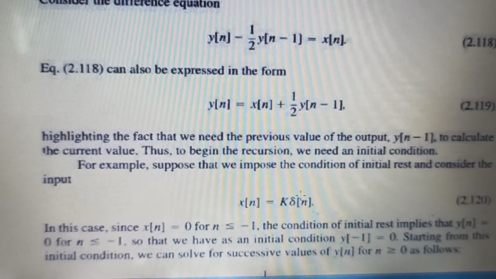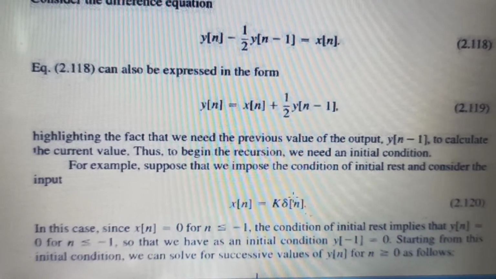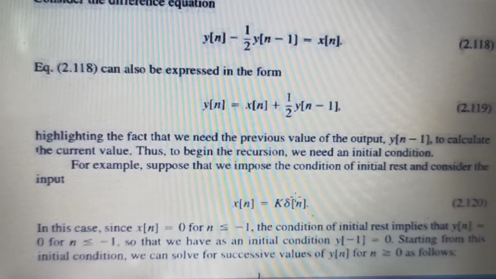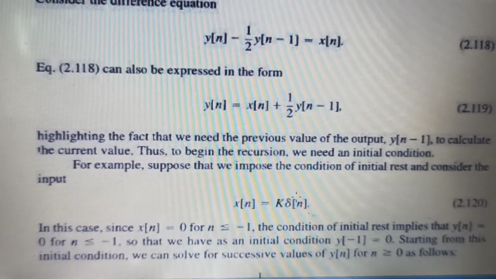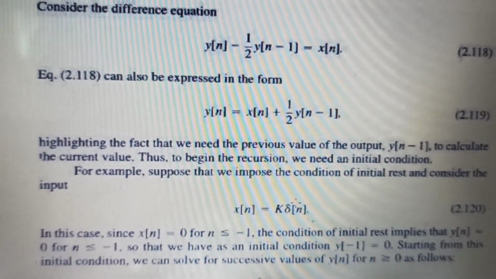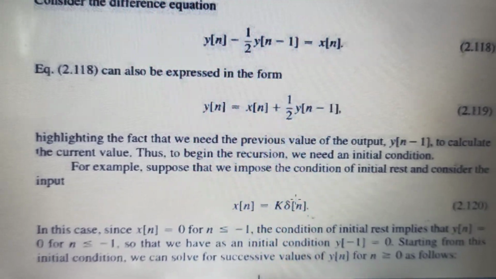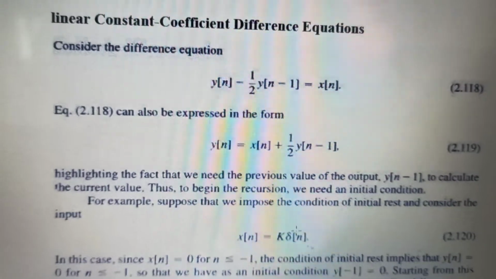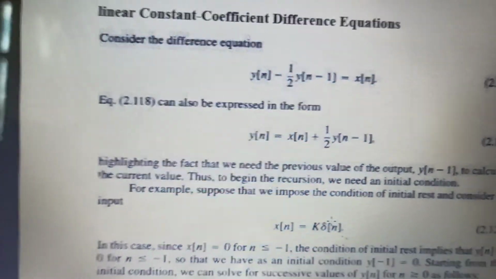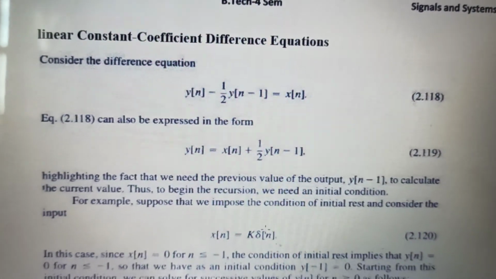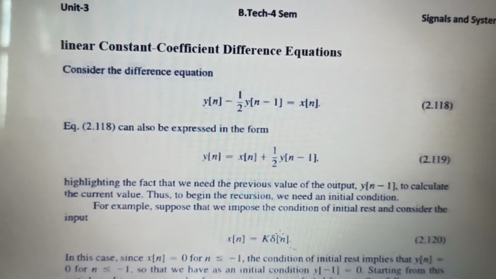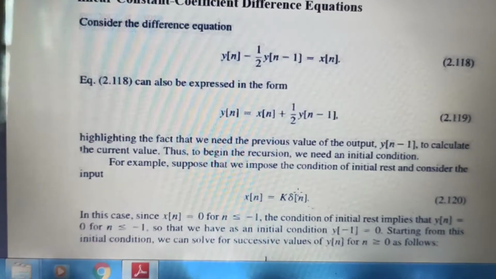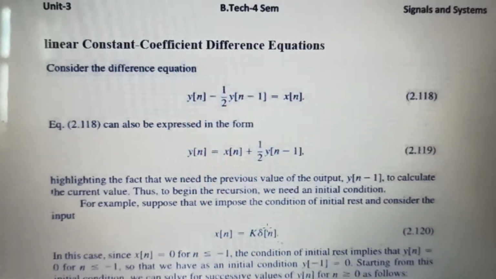It means the amplitude of the impulsive function is k, and it is present at only n equals to 0. I think it is clear. It means for any other value of n, the input is 0. If it was k u of n, then for n less than 0 the input is 0, but this is not the case.